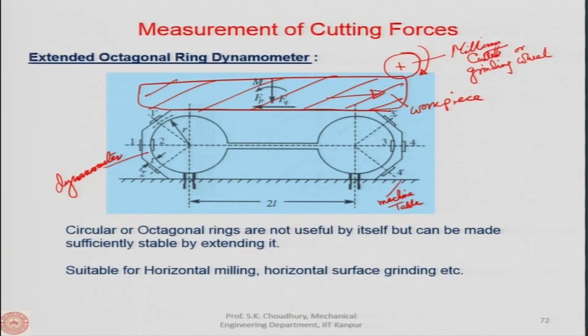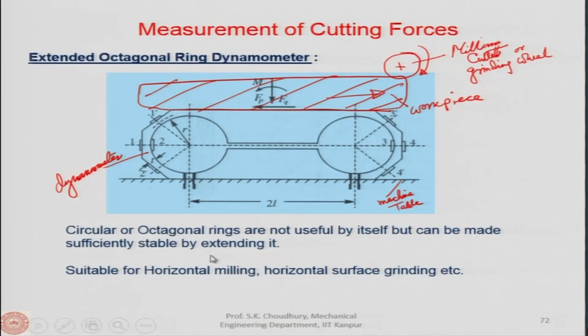In case this is used for measuring the grinding forces, the same thing: on the grinding machine table, the dynamometer is rigidly fixed and the workpiece in its turn is rigidly fixed on the dynamometer.